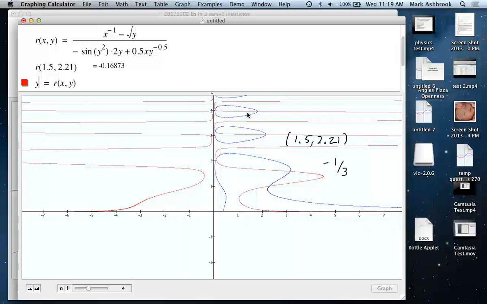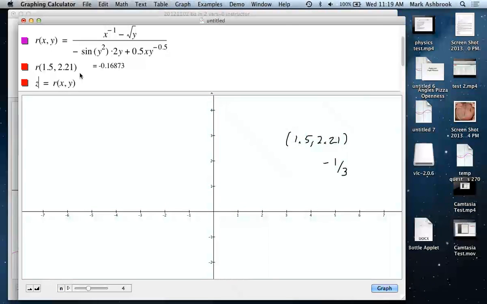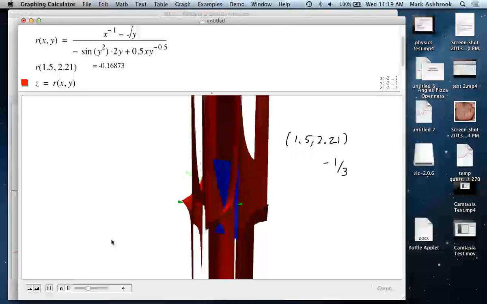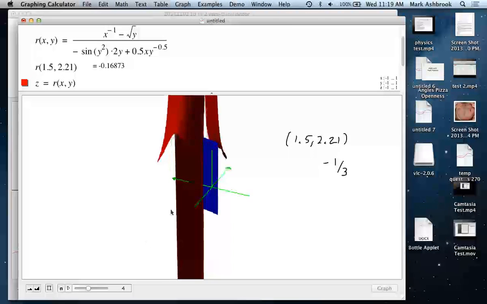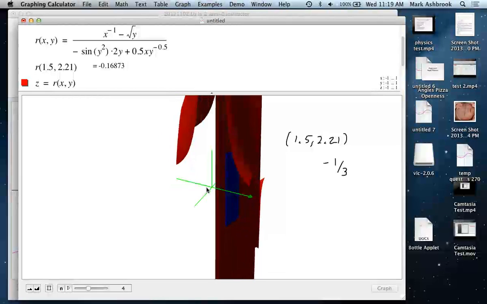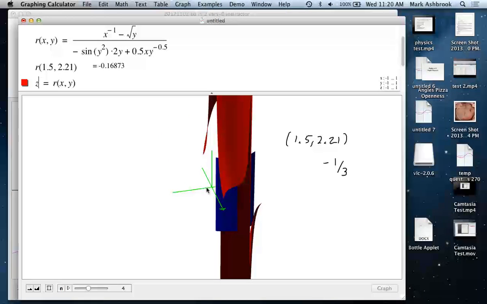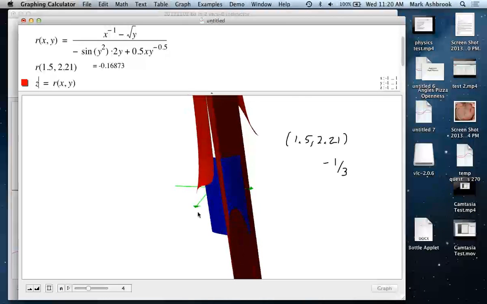I think what this is showing us is the rate that we just found, negative 0.168. That might be that value right there. No, it's not, because it'd be negative. That doesn't work. So we do z. That looks so cool. But do you understand what you're looking at?